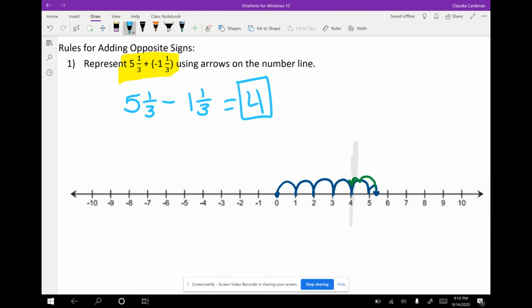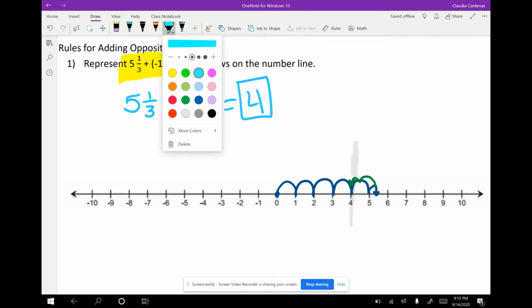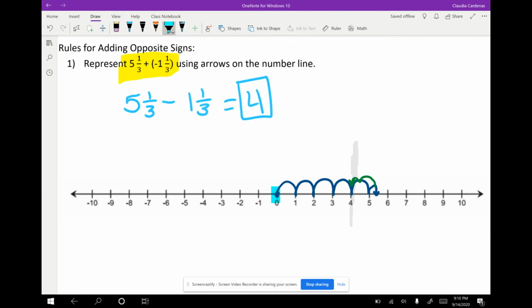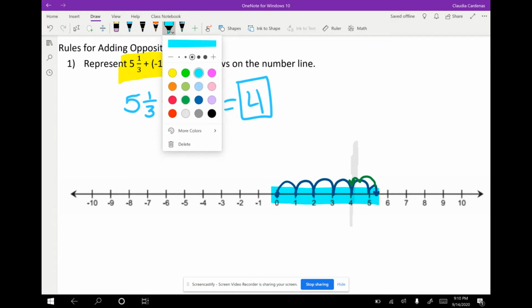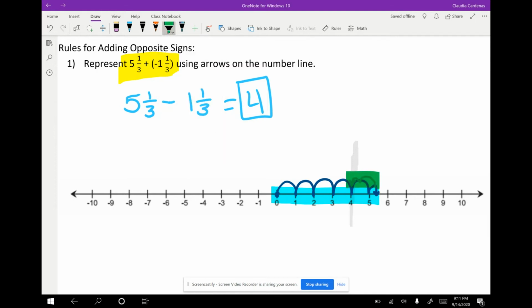Okay, so what sign was on our answer? Well, it was a +4. Well, that makes sense because if we look at our positive arrow, sorry, I'm about to pick the same color. The positive arrow is significantly longer than the negative arrow, right? So I just highlighted, and you can see that the light blue is significantly longer than the green.